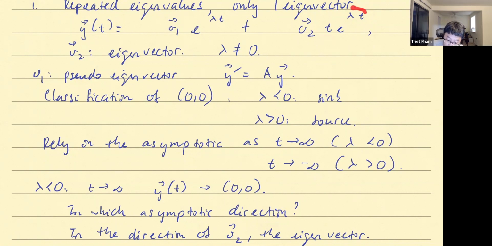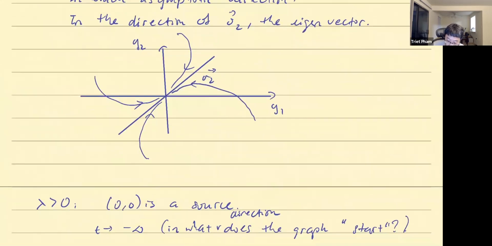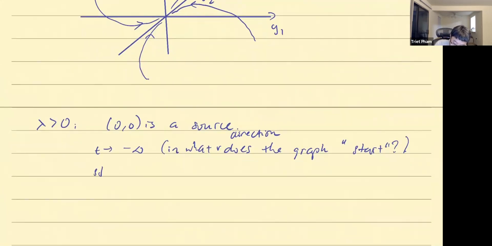So even though both of these go to 0, the dominating term is still this. In other words, the direction you're starting from is still the eigenvector v2, because t e to lambda t is also dominating in this case.